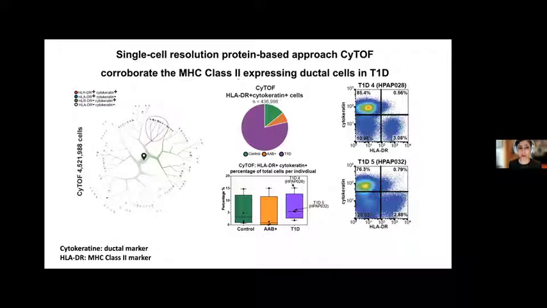Of course, single-cell RNA-seq measures RNA and has its own limitations. We wondered whether MHC class II proteins are expressed on the surface at the protein level. In the CyTOF data that was also generated by HPAP and is also accessible on PancDB, we are able to again quantitate across donors the higher percentage of HLA-DR expressing ductal cells, or MHC class II positive ductal cells.